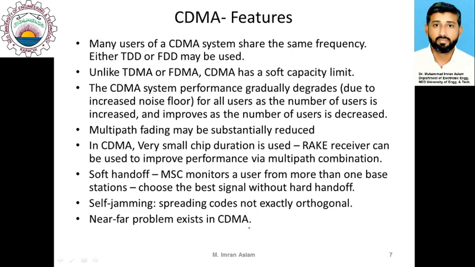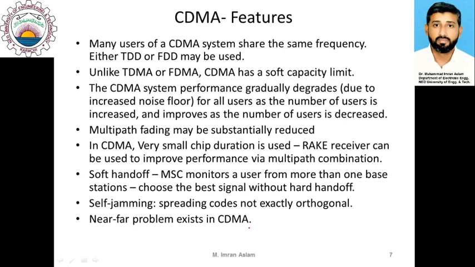So this brings us to the end of the discussion on the three most commonly used multiple access techniques, which are frequency division multiple access that we discussed in our last lecture, the time division multiple access, which we also discussed in last lecture, and third, which we discussed today, the code division multiple access CDMA technique, which is a spread spectrum technique.